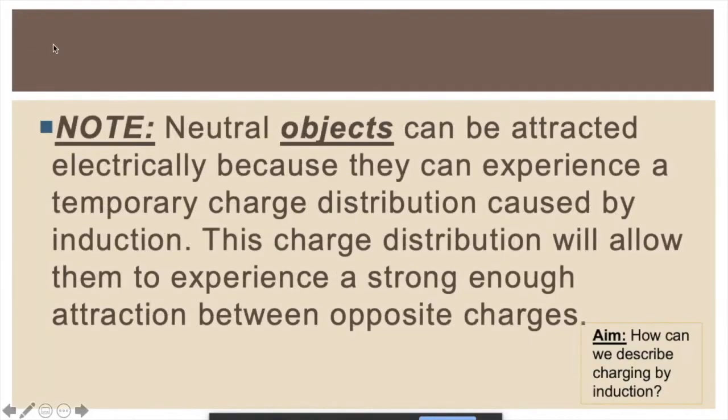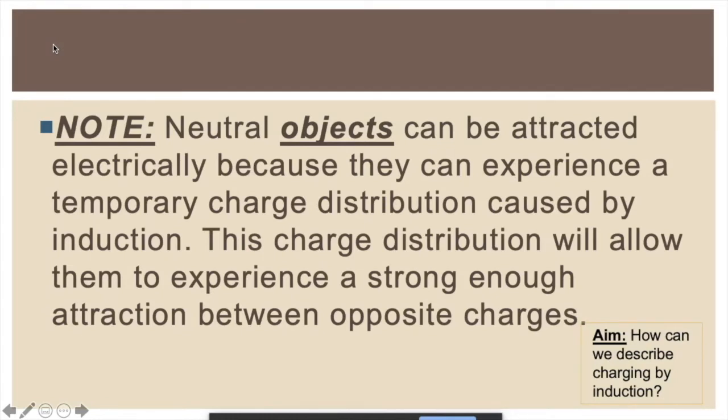So this brings us to a key point here. Neutral objects can be attracted electrically. Notice I bold, underlined, and italicized the word objects. This does not apply to neutrons. Neutral objects can be attracted electrically because they can experience a temporary charge distribution caused by induction.